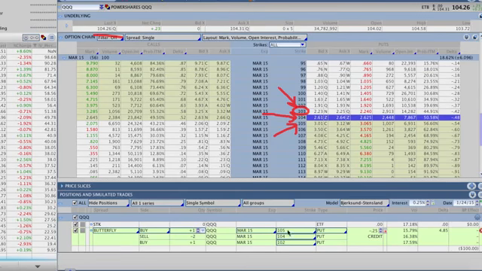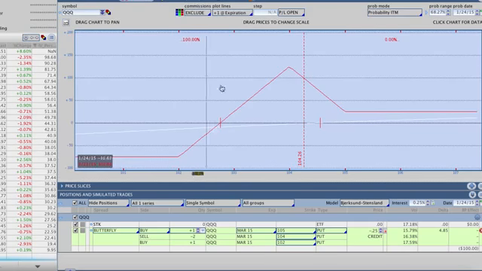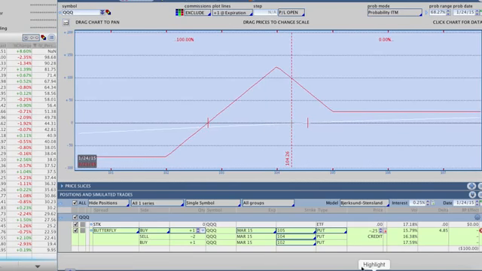You can see we have the 105, the 104, skip over the 103 and have the 102. On this broken wing butterfly, when we initiate the trade, the pricing gives us a $25 credit, so that's ideally what we want to see: some sort of a credit on the trade. Now here's the profit loss diagram. You can see this is that broken wing aspect over here, all the way out at 102.